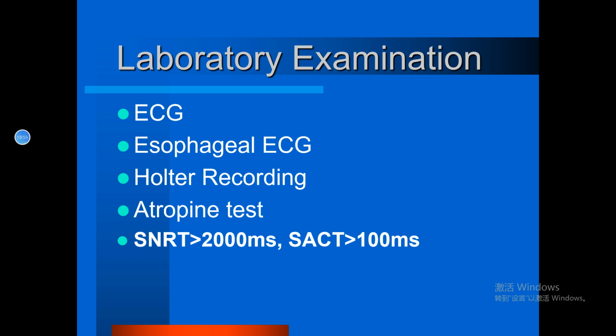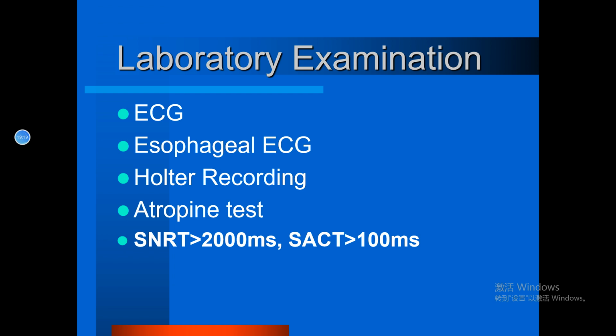And sometimes we use the atropine test. In the atropine test, we inject atropine into the patient, and 2 to 5 minutes later, the sinus rhythm usually goes up to 90 beats per minute.